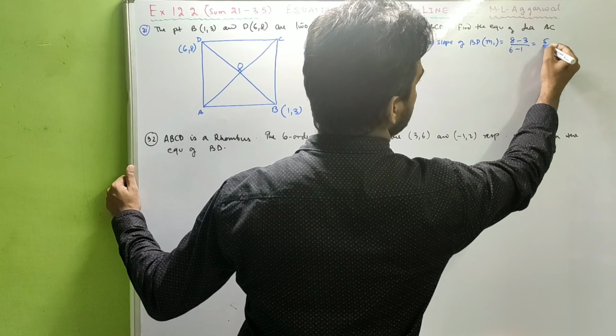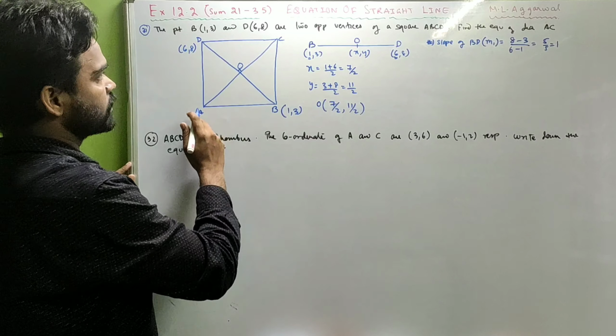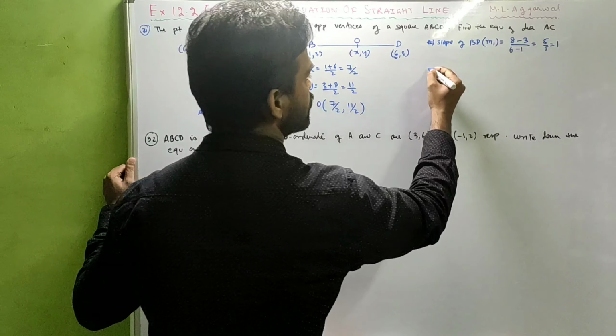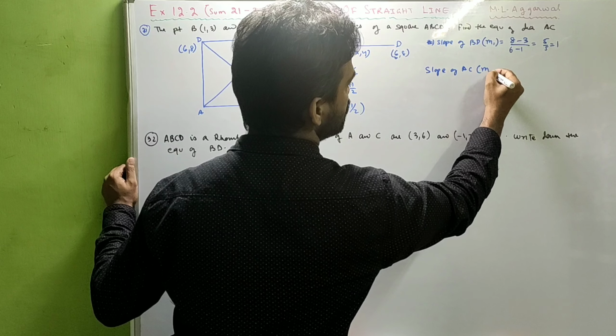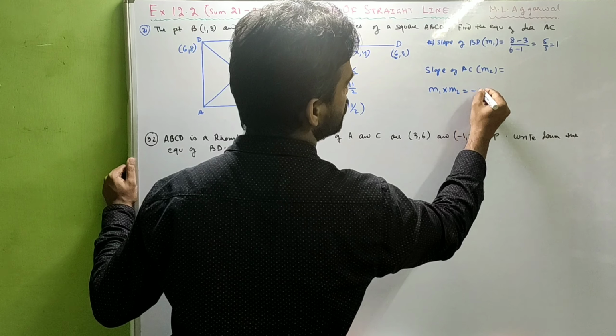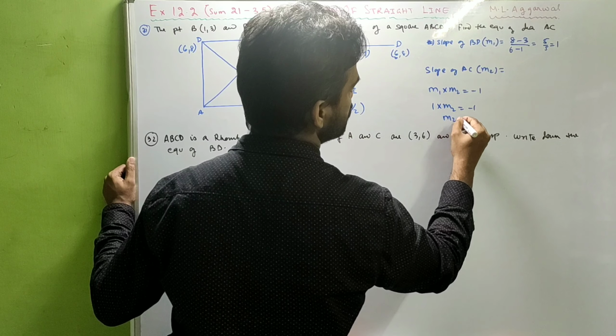That's 5 by 5, that's 1, isn't it? Now we'll find the slope of AC. BD and AC are perpendicular to each other. So slope of AC, suppose M2. We know M1 into M2 is minus 1. M1 is 1, into M2 is minus 1, which means M2 is minus 1.